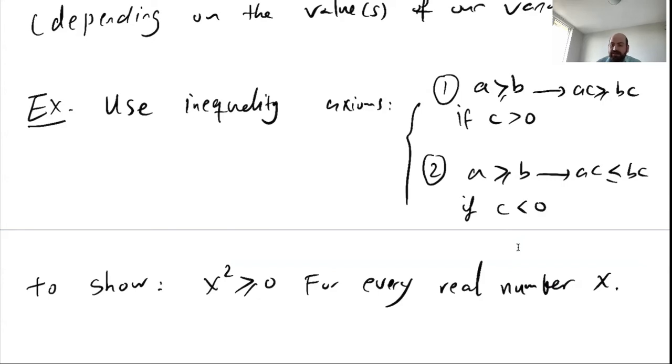Now, what is x? Is it positive or is it negative? Or is it 0? Well, depending on whether it's positive or negative, our argument will be a little bit different. Therefore, we have to divide our proof into different cases.